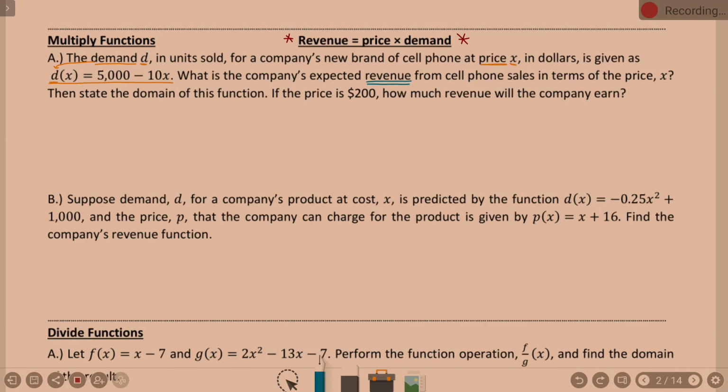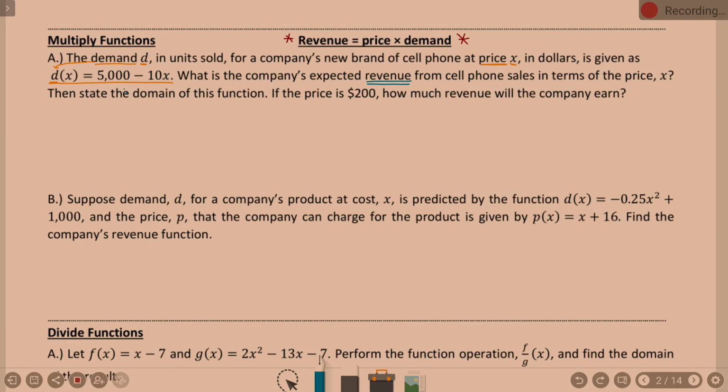What did we already talk about price is in this problem? X. Price is X. What is demand? D, or 5,000 minus 10X. So let's try and find our revenue.